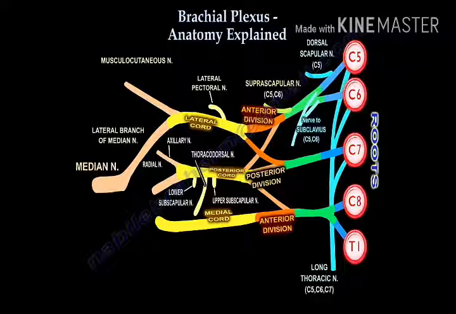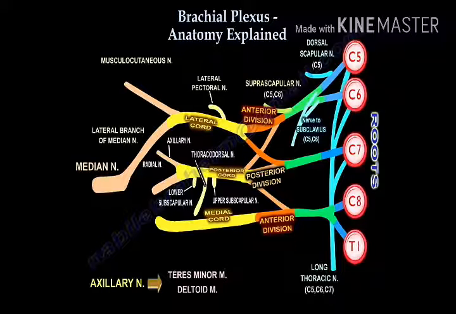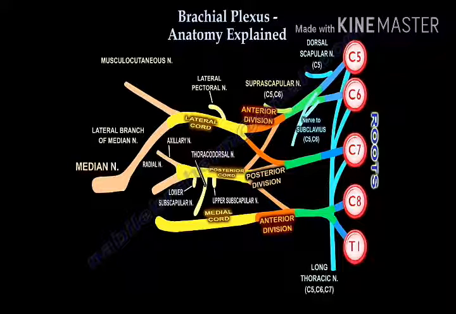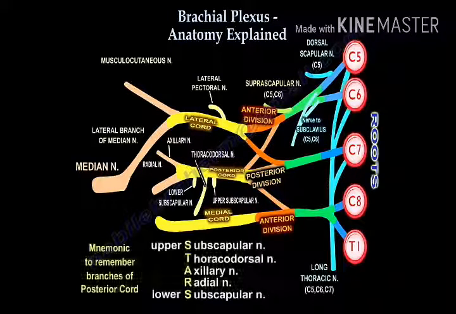The posterior chord ends with the axillary nerve, which supplies the teres minor and the deltoid, and also it gives the radial nerve, which supplies all muscles of the posterior arm and forearm. Some people use the word STARS to remember the branches of the posterior chord.